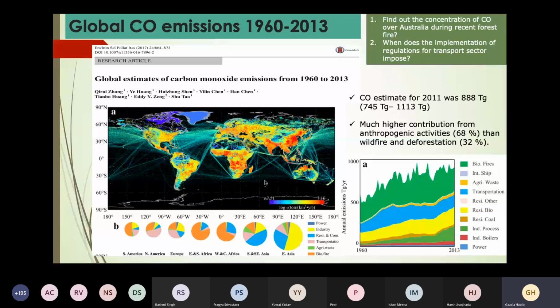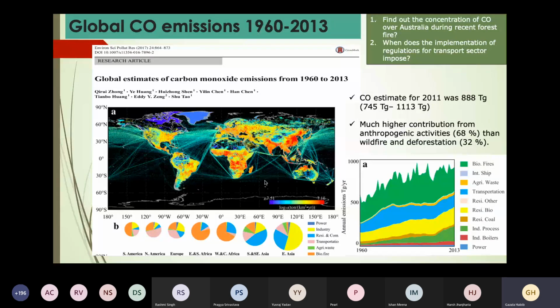Mainly in all these figures you will see the dominance of industry, residential and commercial sector, transportation sector, and biofire, right? And when you go from East Asia, which is China, towards South America, you will find in East Asia industry and residential and commercial fires are responsible for a large amount of CO, which is more than 75% of CO emissions.